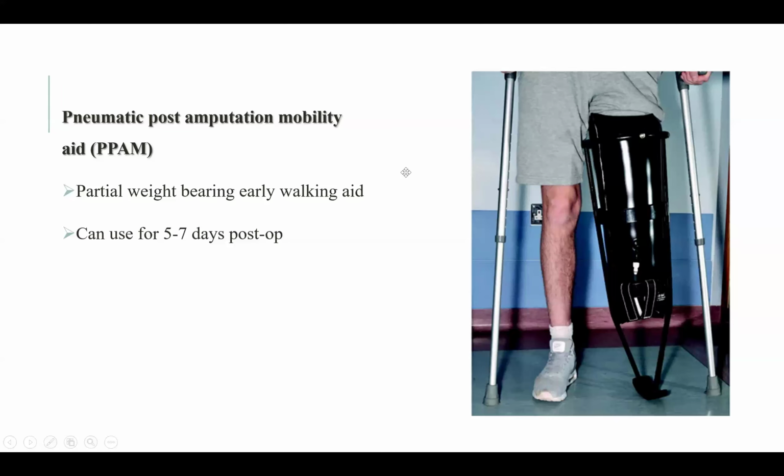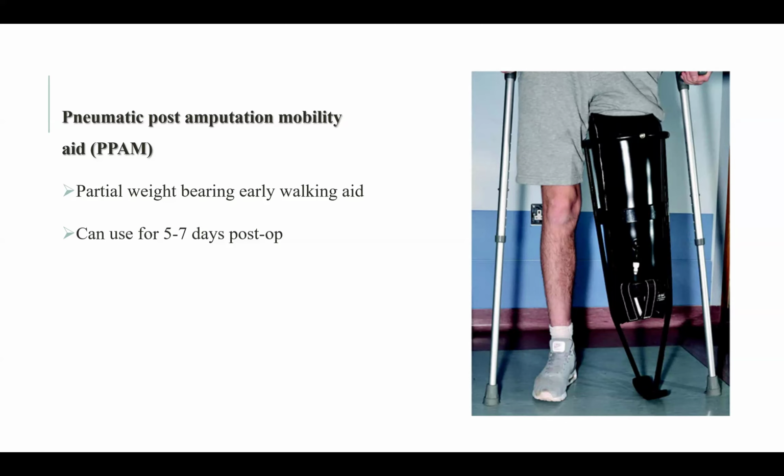Is it available in India? No, sir. In foreign countries, they are using it. Sir, it is available of late, but the cost is too much. Do you have to hire or buy? You have to buy. Because they still have to do that stump molding, all those things.